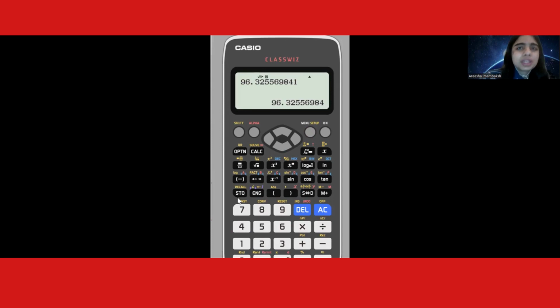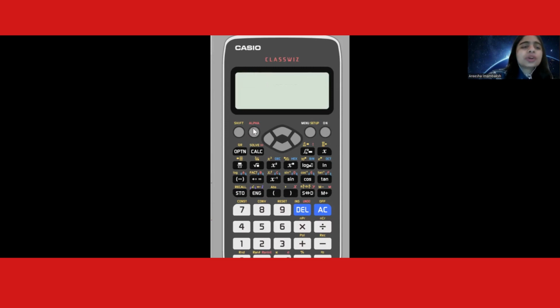But the better way, I mean, you have to write that as well, but to make no sort of error, you can store this value. So you press STO and then any letter. You do not even need to press alpha. So let's say D. It got stored in D. And then whenever you want to use it, you can press alpha D. Wait, let me remove it first.